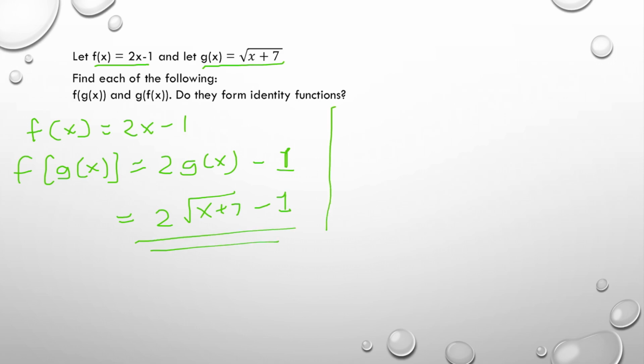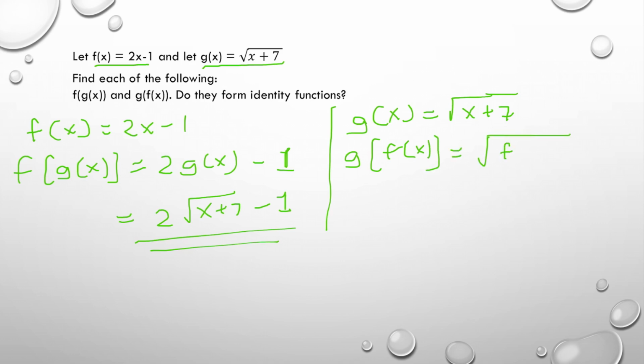Now let's look at g of f of x. We know g of x is the square root of x plus 7. Now, when I say g of f of x, I mean to put in f of x instead of x. We have the square root of f of x plus 7. And we know f of x is 2x minus 1.